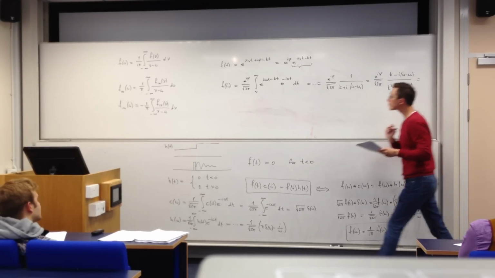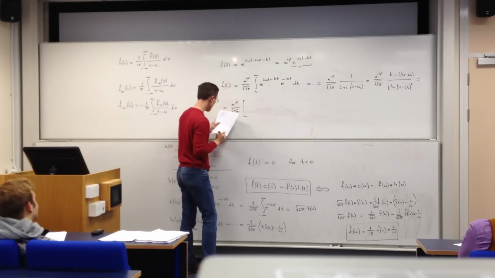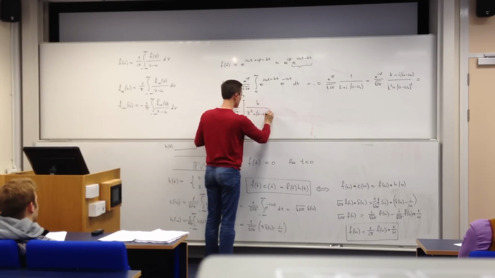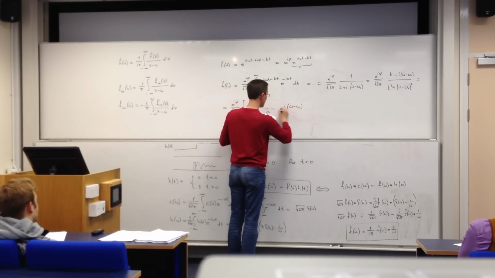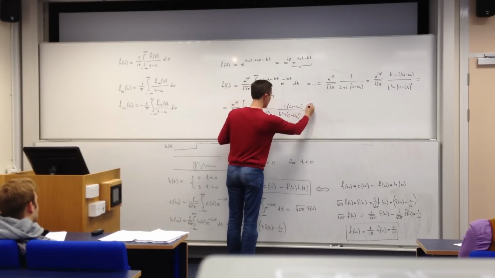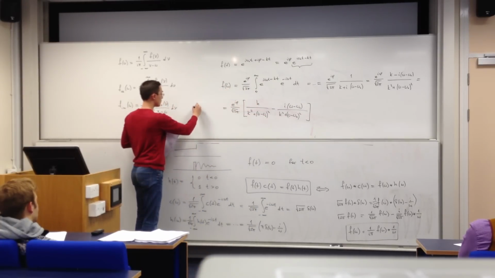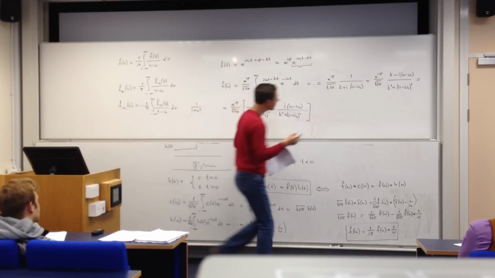So let's do it. It will be the same phase multiplier, e^(iφ) over root 2π, but now we've got two terms, the real and the imaginary. k over (k squared plus (ω minus ω0) squared) minus i (ω minus ω0) over (k squared plus (ω minus ω0) squared). Right. Well, if we plot this, it has this form, 1 over 1 plus ω squared. Yeah? It's a Lorentzian curve. It's a peak. Looks like this.